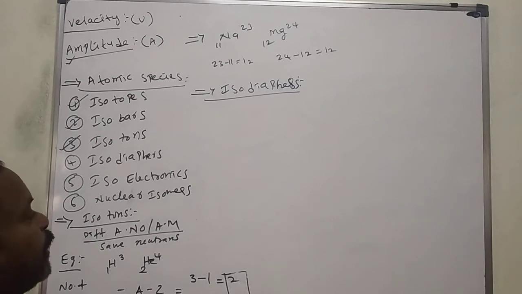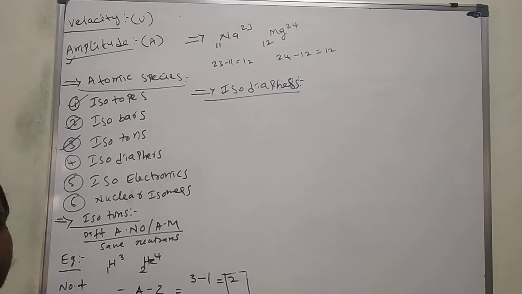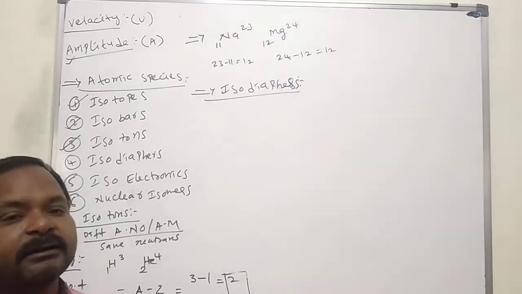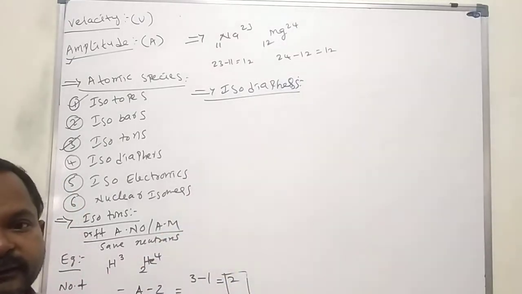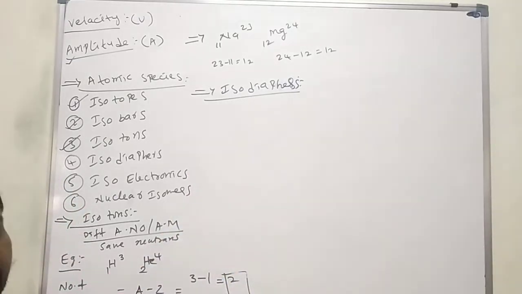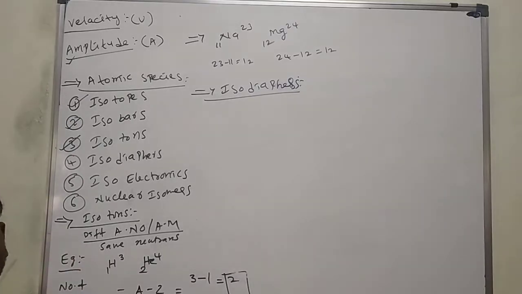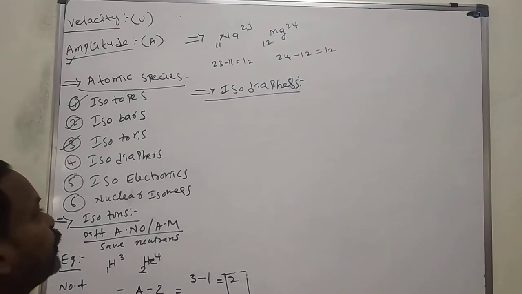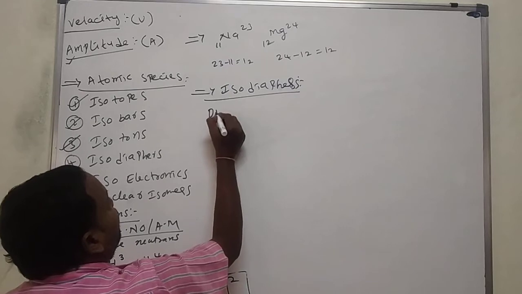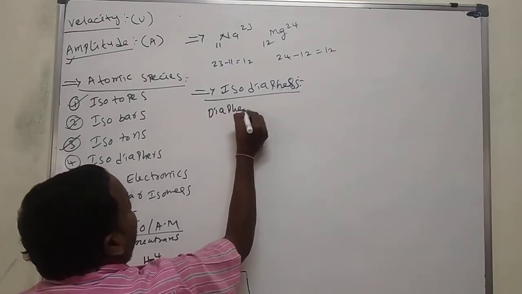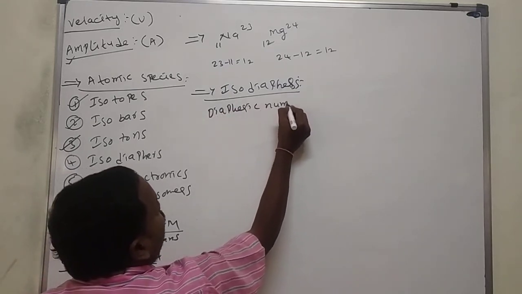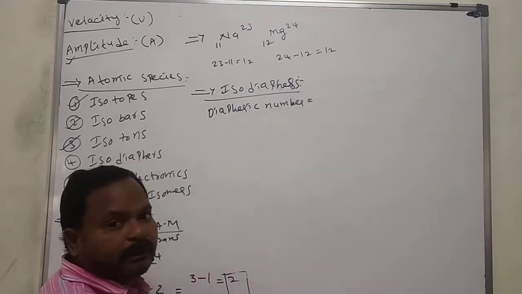What are the isodiaphers? The compounds which have different atomic number, different atomic mass, but the same diaphoric number, we call isodiaphers. Iso means same. How do we calculate the diaphoric number?